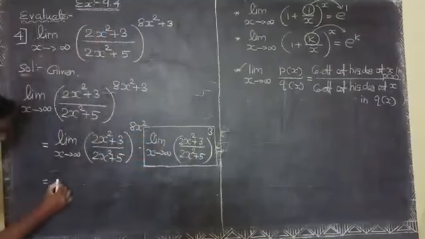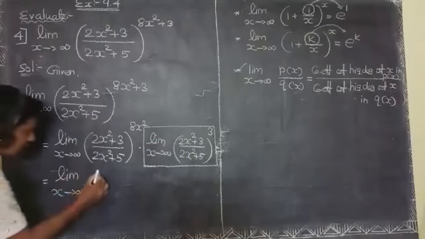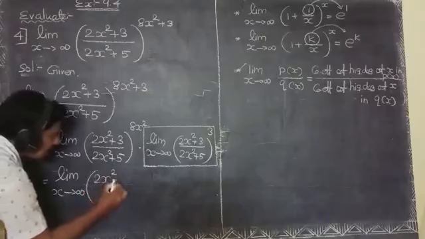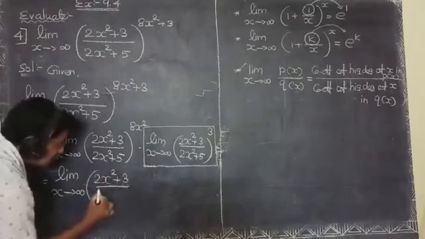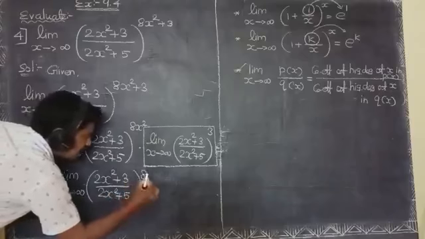Here, limit x approaches infinity, (2x square plus 3 divided by 2x square plus 5) whole power 8x square.